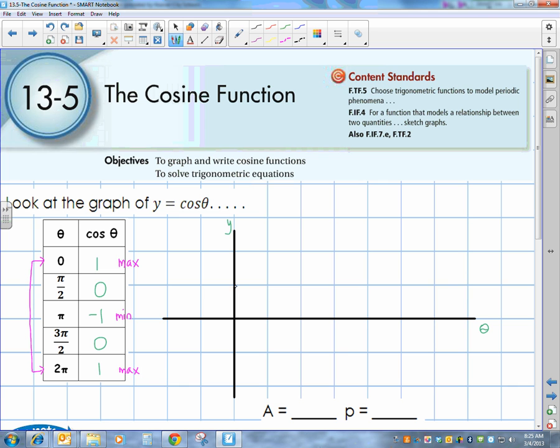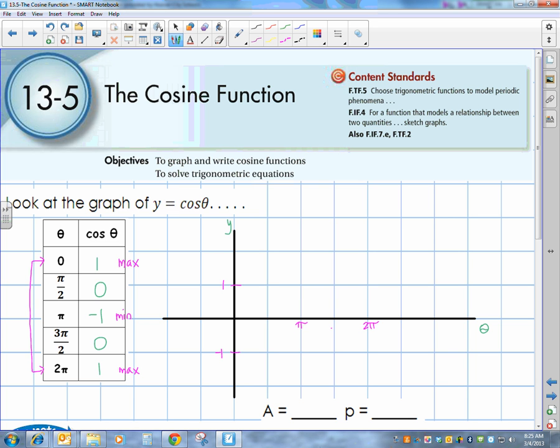So when I graph it, if I make this point 1 and this negative 1, then I'm starting at a max. Oh, let's go label our x. We have pi over 2, pi, 3 pi over 2, and 2 pi.